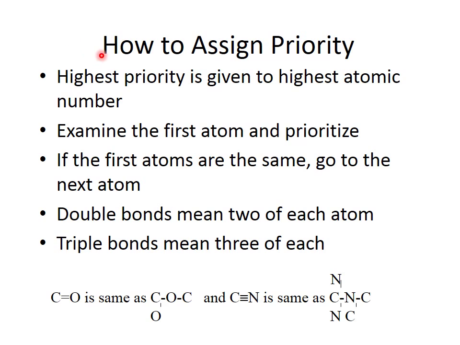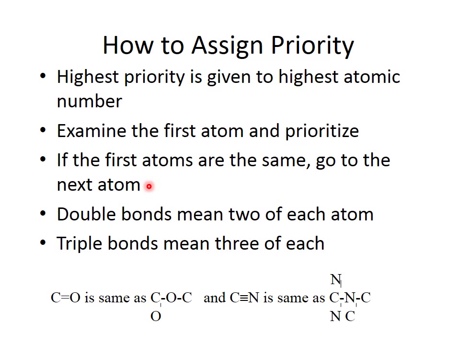Now we're going to go through how to assign the priority. The highest priority is given to the highest atomic number atom. So what you do is you examine the first atom in the group and prioritize based on that. If you find that 2 first atoms are the same, then you advance to the next atoms.